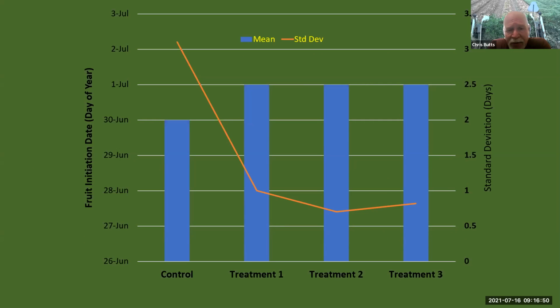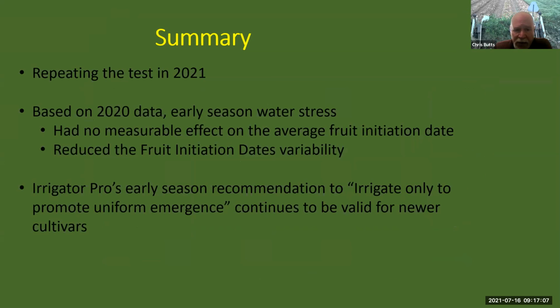And we had about a 3-day standard deviation for the control. And then for all of the early season stress, we had about plus or minus a day or less for our standard deviation.